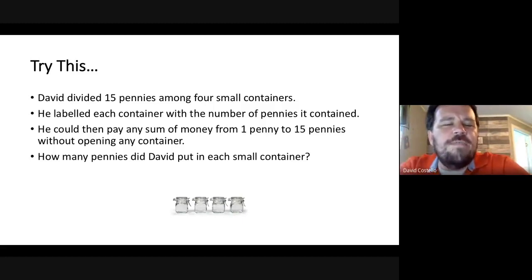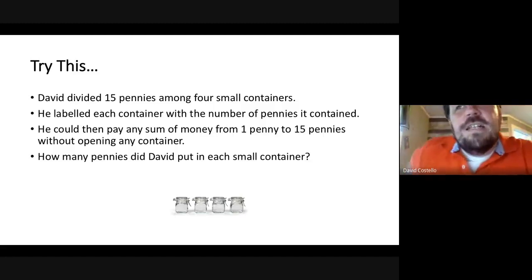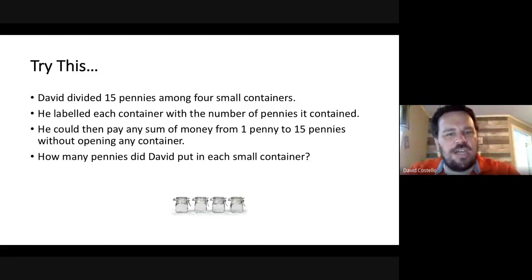So regardless of the amount of money, anywhere from 1 penny to 15 pennies, David would not need to make change out of the jars. He could just give 1 or 2 or 3 or 4 jars to pay for an item from 1 penny to 15 pennies. How many pennies did David put in each small container?